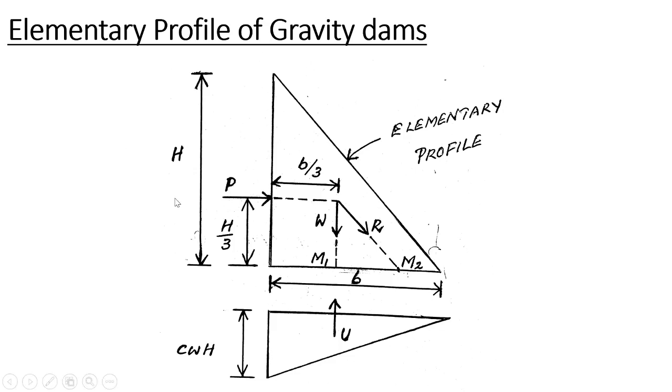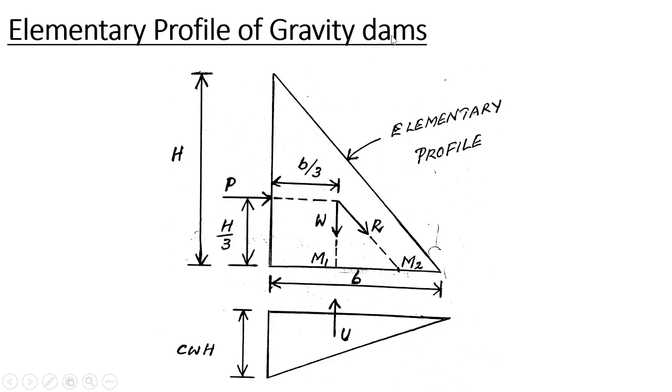So we will consider the weight of the dam, the horizontal water pressure due to this upstream head of water, and the third force, uplift pressure. These are the three forces considered for the elementary profile of gravity dams.